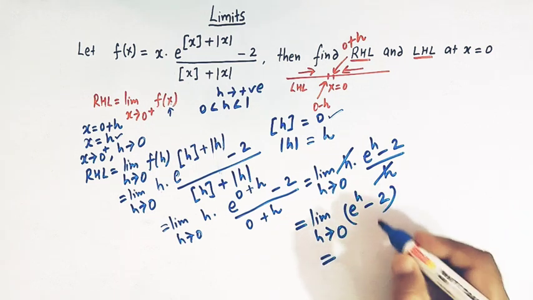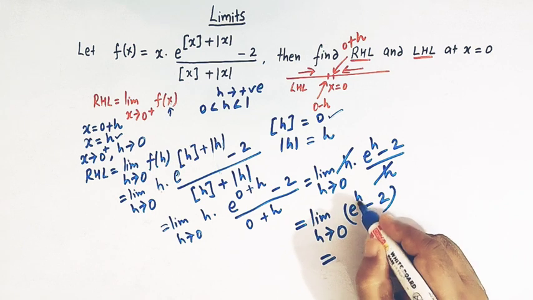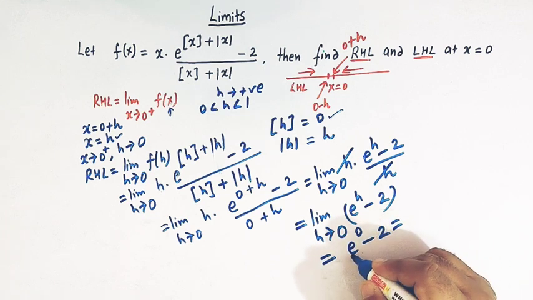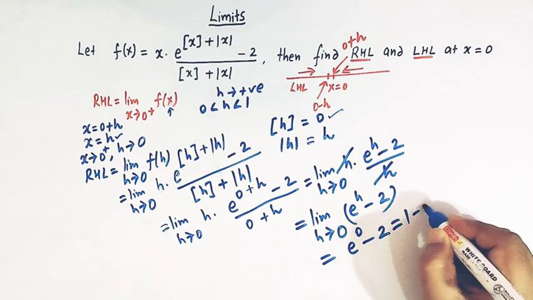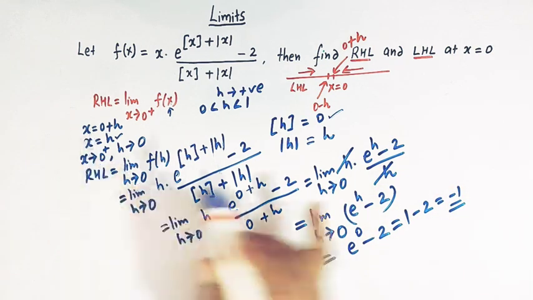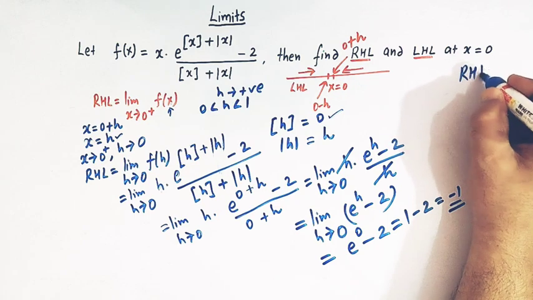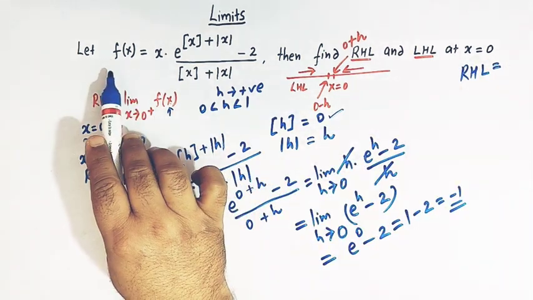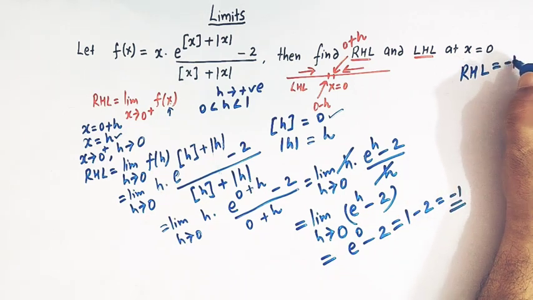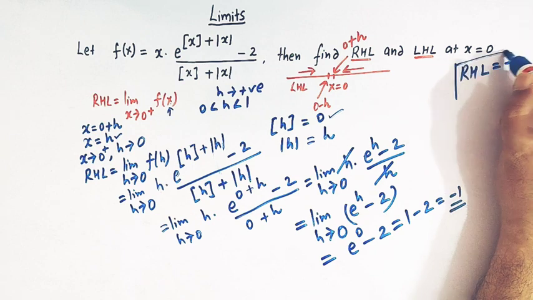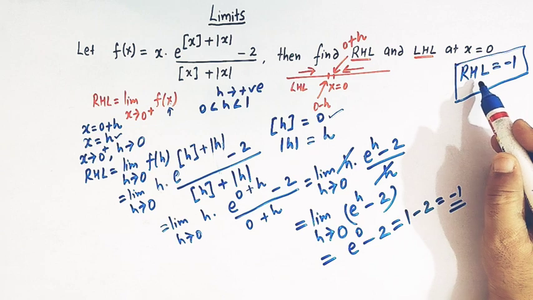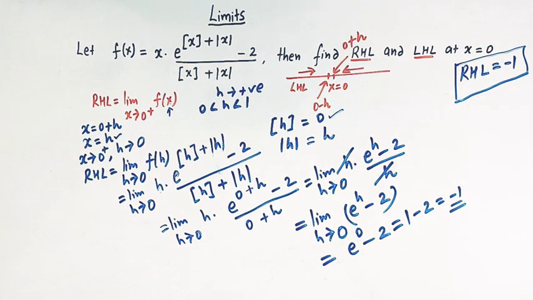Now we can substitute h equal to 0, so we have e raised to 0 minus 2, and e raised to 0 is 1, so we have 1 minus 2, that is minus 1. So the right hand limit of this function f of x when x approaches 0 is equal to minus 1. So we can easily draw the conclusion that the right hand limit is finite and it exists.